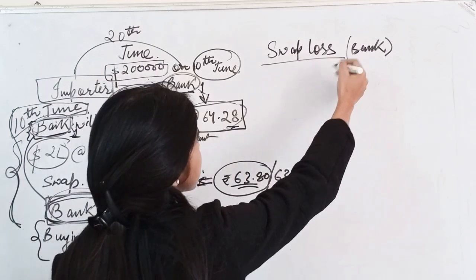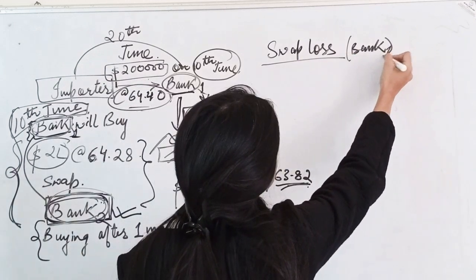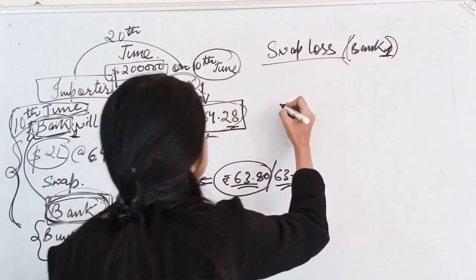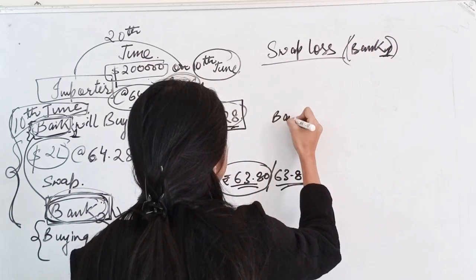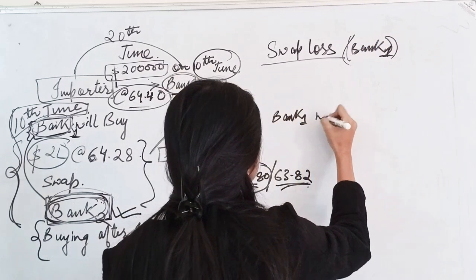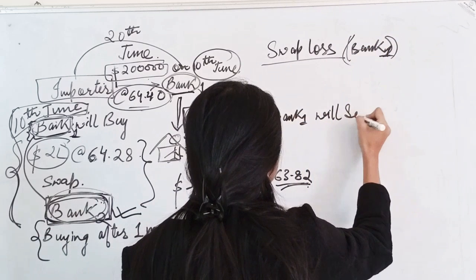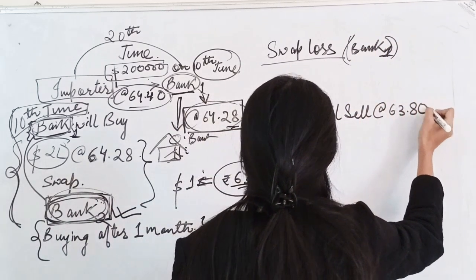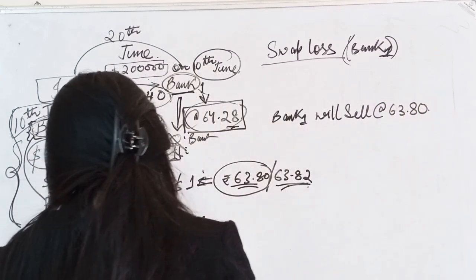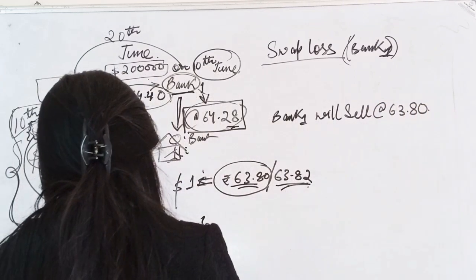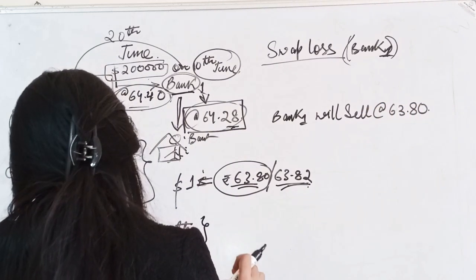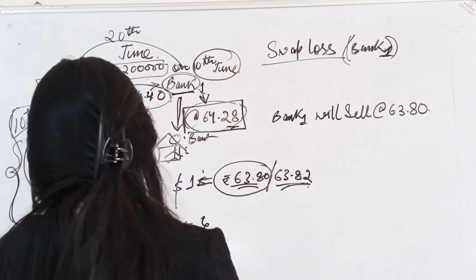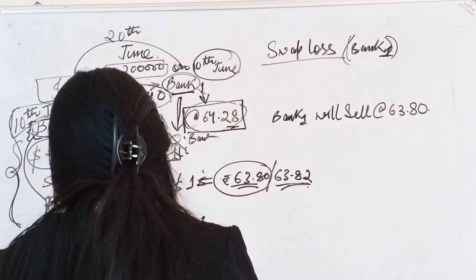This swap loss is from whose view? Bank 1, which is the main party to the contract. So bank 1 will sell at the rate 63.80, and in the question it is given that the bank swaps by selling spot, but agrees with bank 2 for buying 1 month forward.